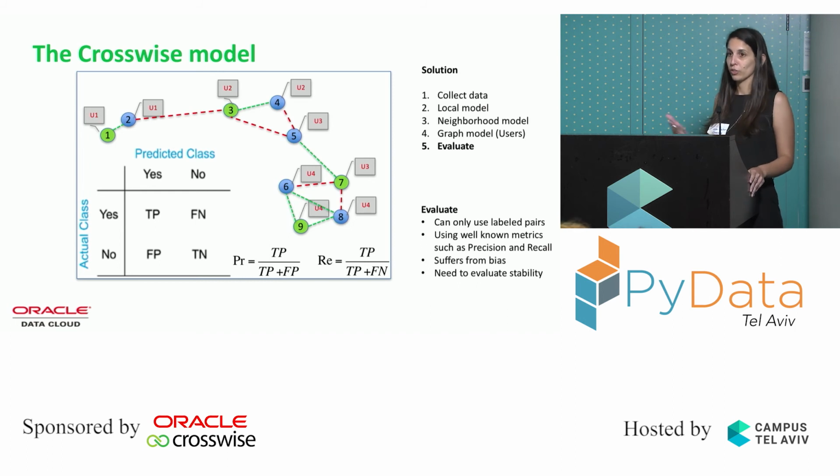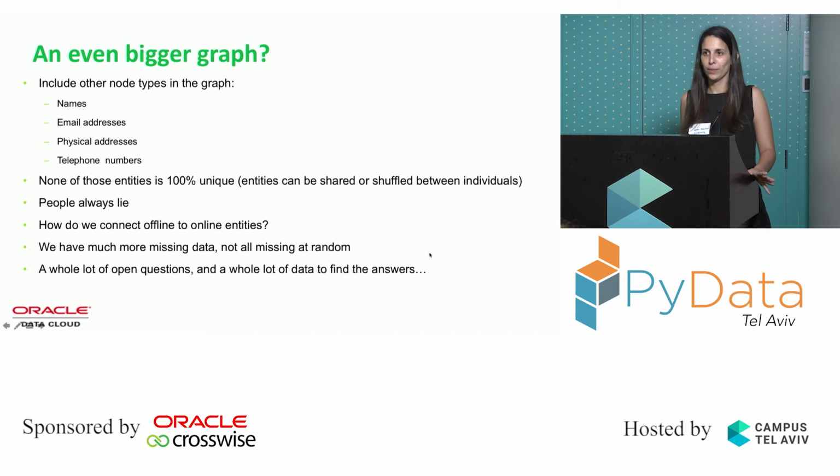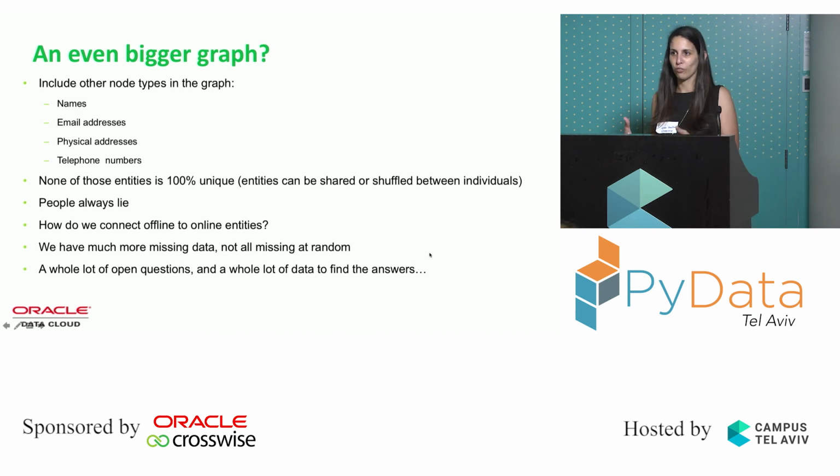So we need a measurement for stability, and we also need to make sure that our solution is fairly stable. Okay, and again, this is still an open research subject for us. We are working on it a lot, and it's really interesting. And well, this is pretty much everything that we've done so far.